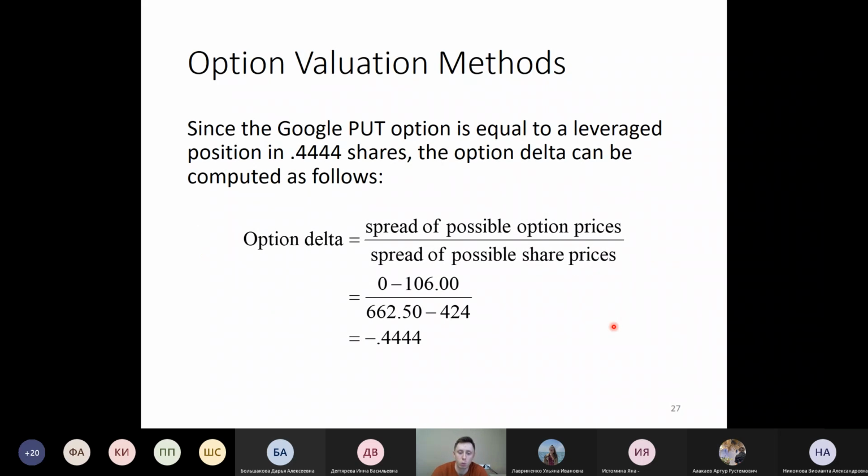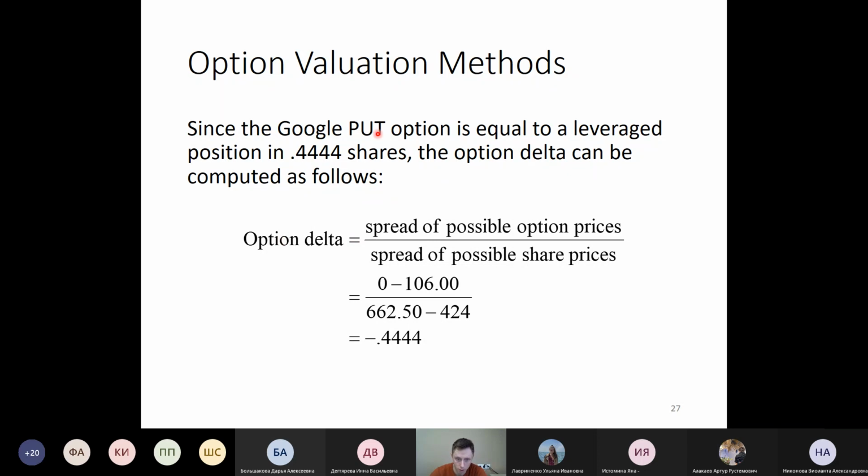It is the same, so we estimate the spread of possible option prices. So look here. It would be negative. The option delta for a put option is negative for the same principle, because the asset price and option price move in opposite directions, and therefore the option delta would be negative.